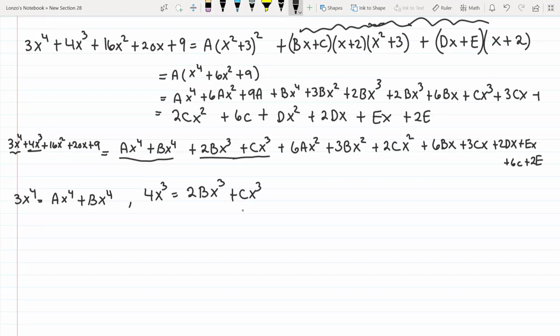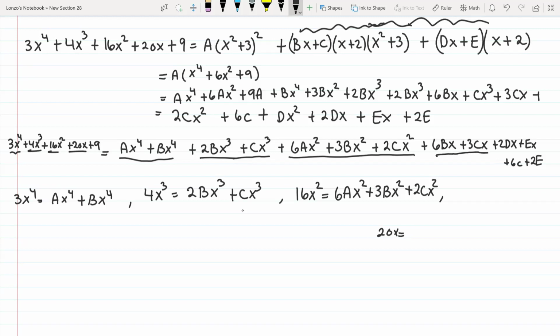The next one is x squared. This is related to this 16x squared. And then 20x is related to this whole thing: 6bx, 3cx, 2dx, and ex.